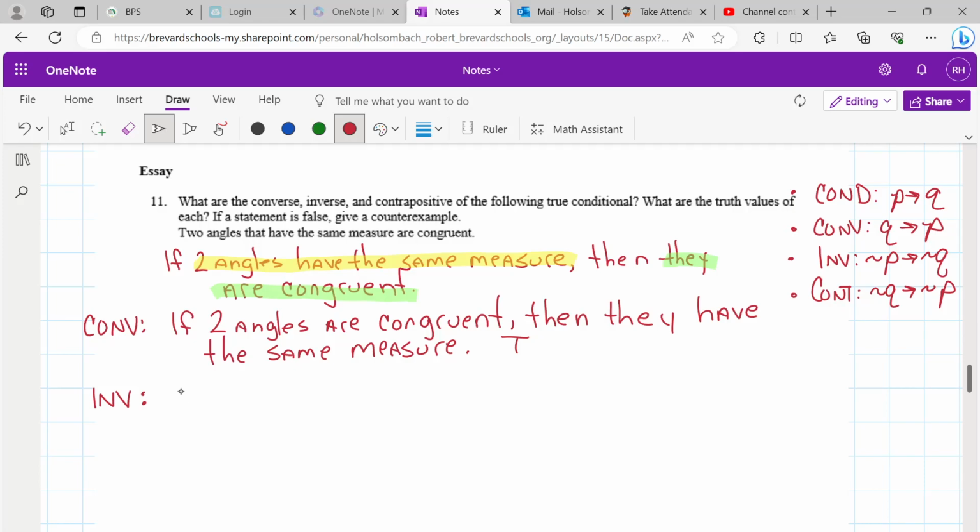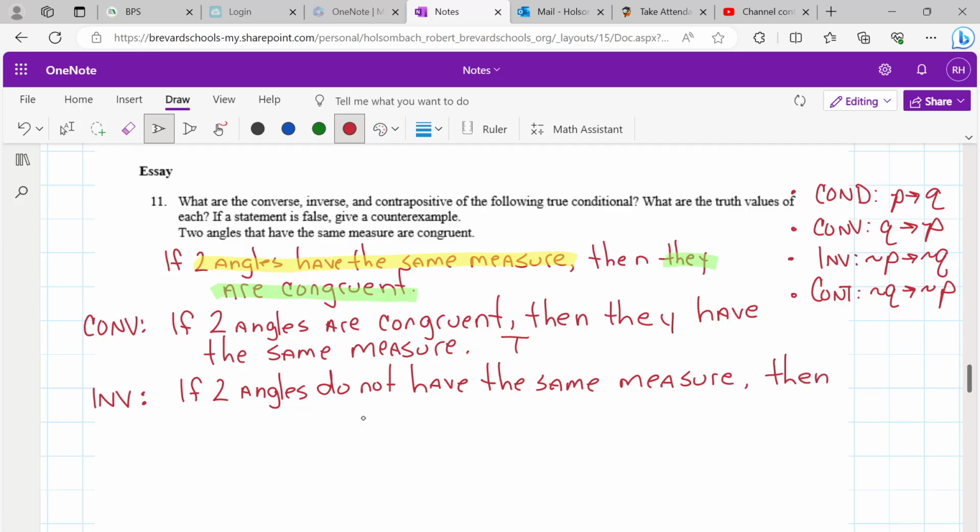So we're going to say if two angles do not have the same measure, then they are not congruent. That's true as well.